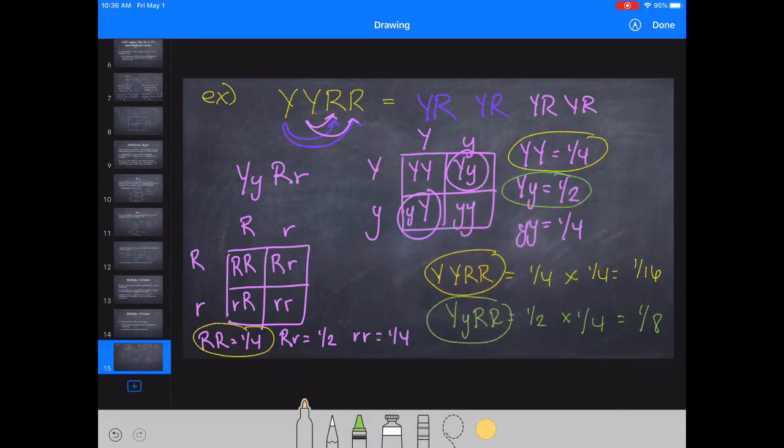So if they ask me what the specific probability of the genotype is for big Y, big R, and big Y, little y, big R, I'm able to calculate it easily because I can just look at my 2 separate Punnett squares and multiply the probability that I have for each individual character, right? Character for color and shape, and therefore I can get them together.